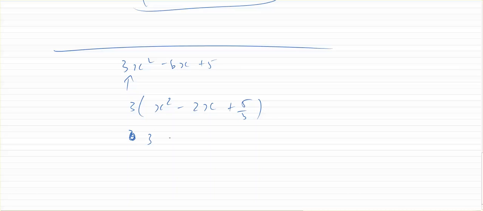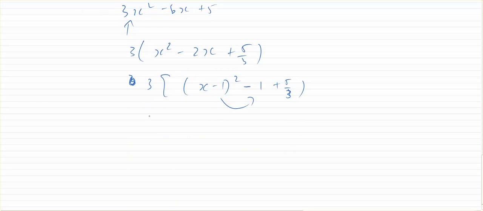Again, I put big square brackets. Do the scaffold because I want to complete the square inside. So you've got x minus 1. Half of negative 2 is negative 1. Square of negative 1 is positive 1. Then plus 5 over 3. What I'm doing now is I complete the square.